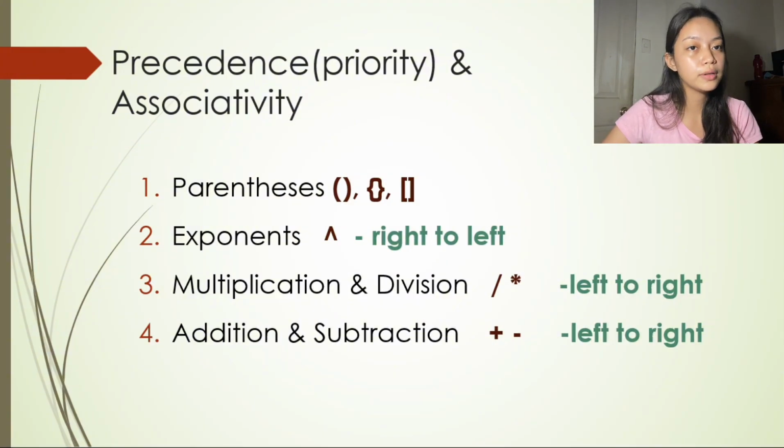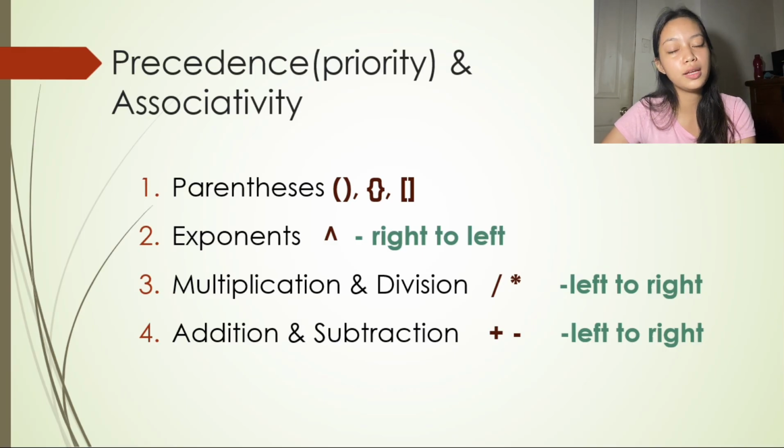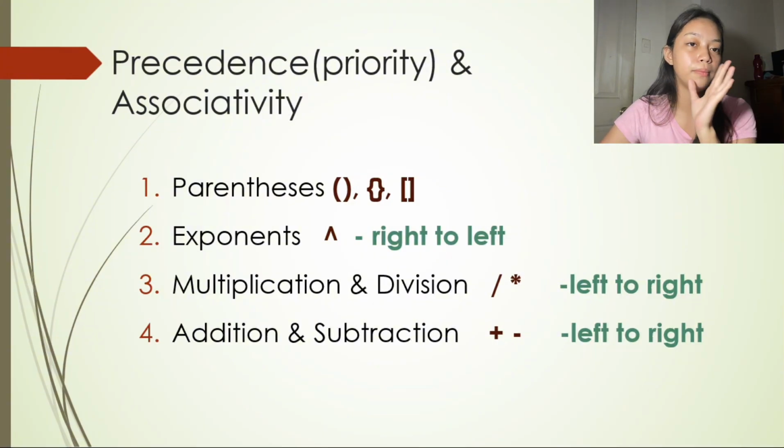Next after the exponents are the multiplication and division. They have the same priority. This slash is the symbol for division, and this asterisk is for multiplication. If they come together in one expression, since they have the same priority, the associativity is from left to right.